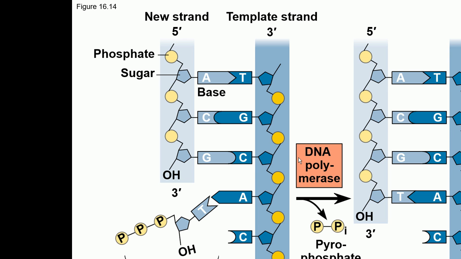It is going to link this T with this nucleotide, and that forms the phosphodiester bond. The nucleotide which is attached in the chain, in this strand, has only 1 phosphate. So the 2 phosphates which were there in the incoming nucleotide will be released as pyrophosphate. This is the way DNA polymerase functions.